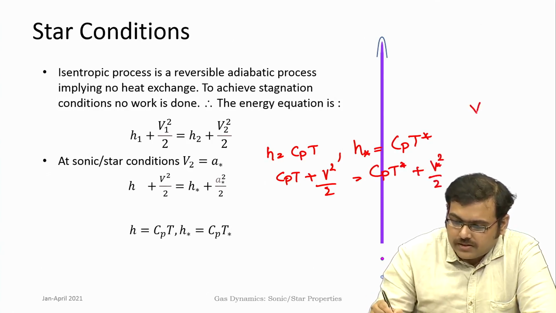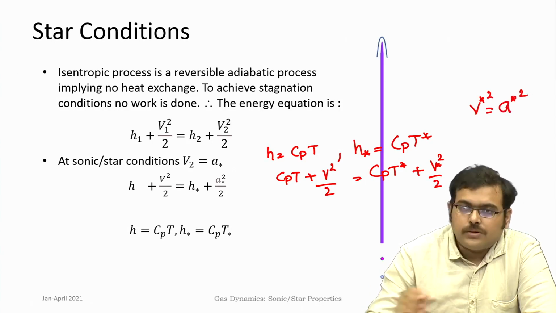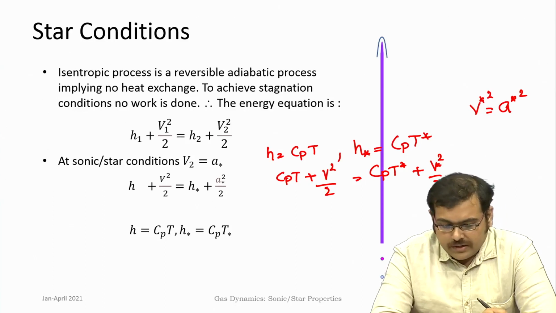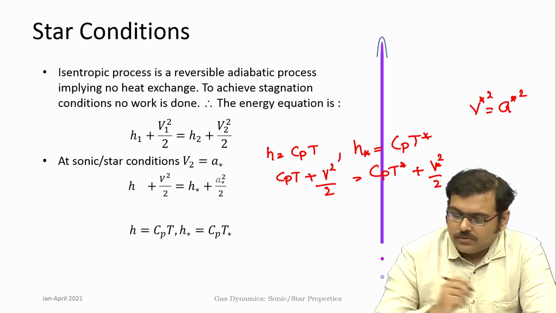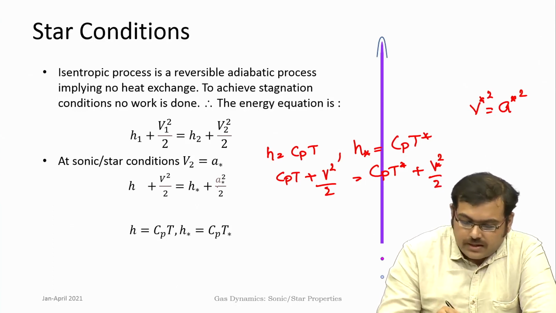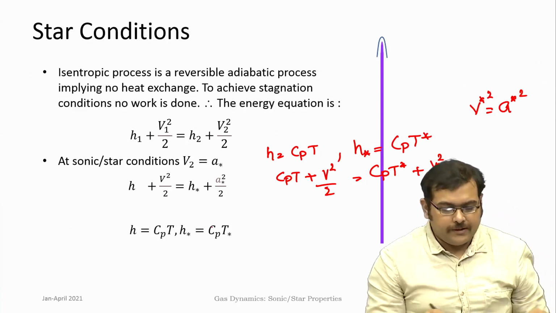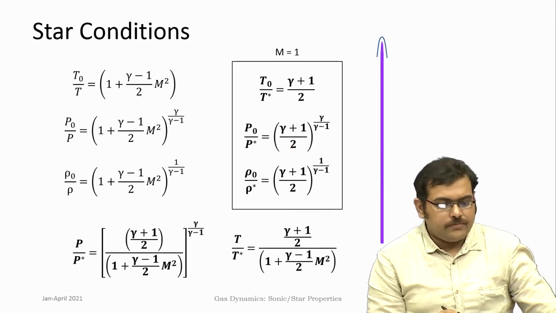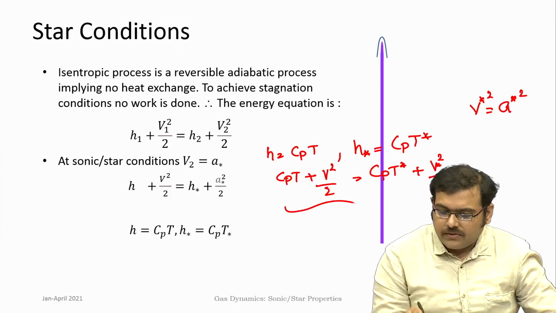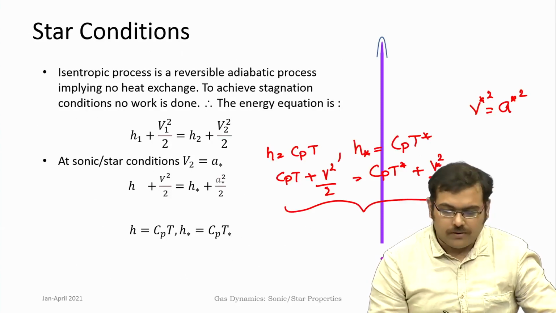But V star square is nothing but A star square, by definition of the sonic point or the star point. If you put that into the equation, then this becomes A star square, and that is the condition that we have to really solve for.